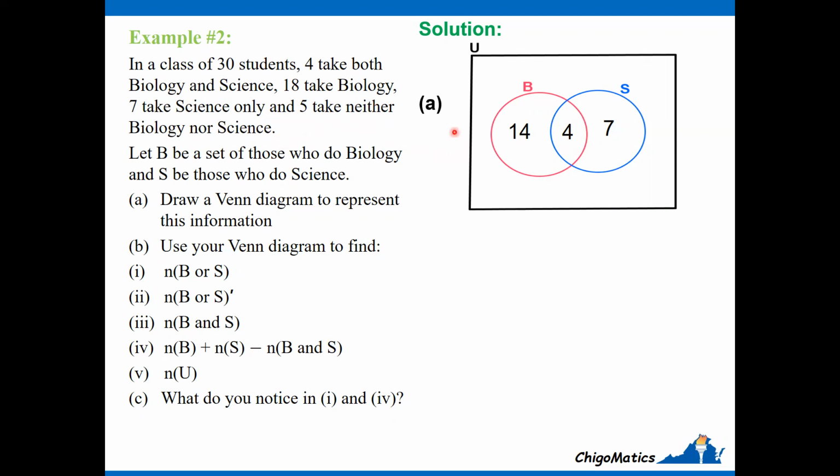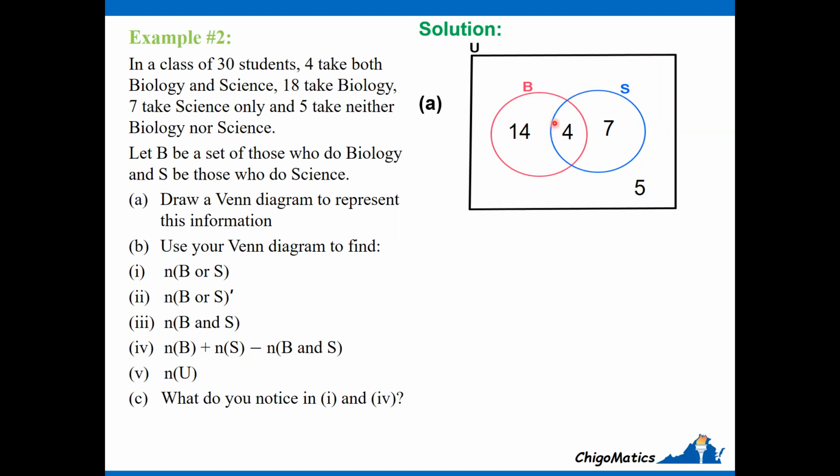So the 5 are not seen in biology or science. They are supposed to occupy any place outside the 2. So here are the 5 who don't participate in biology nor science, right?